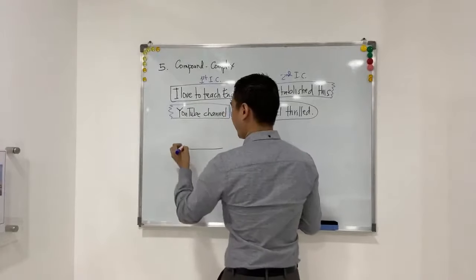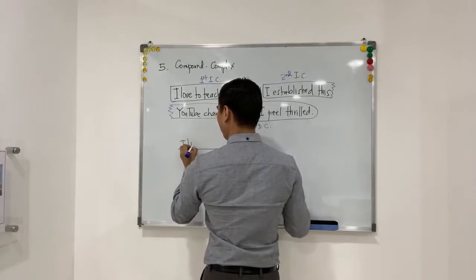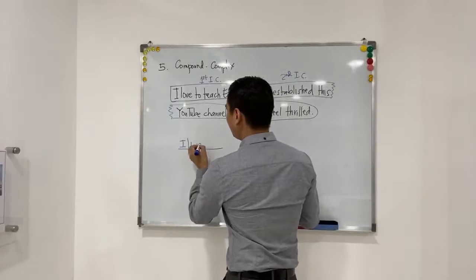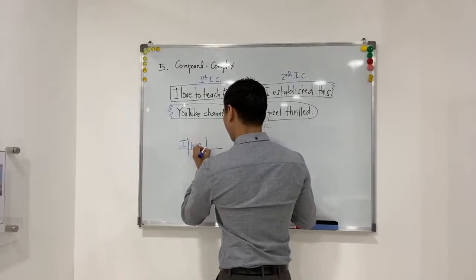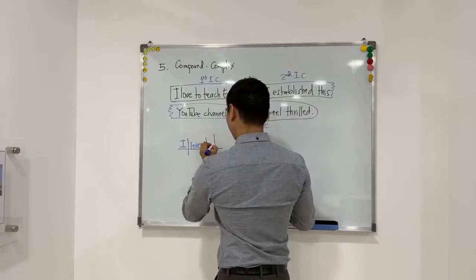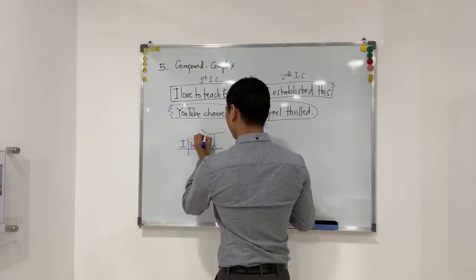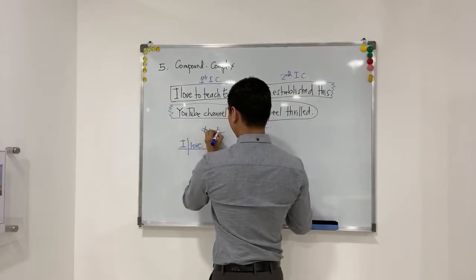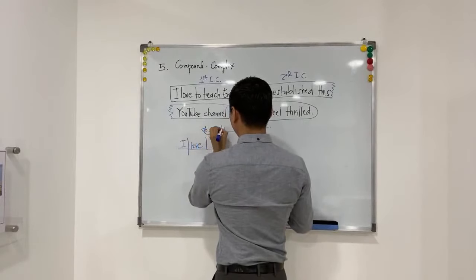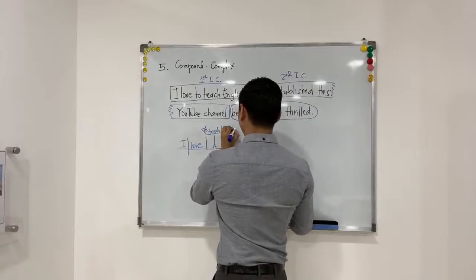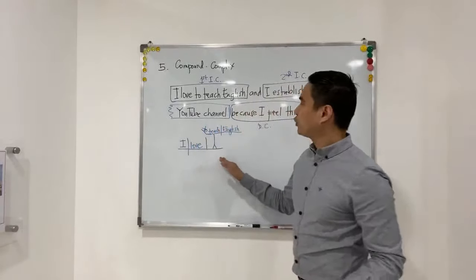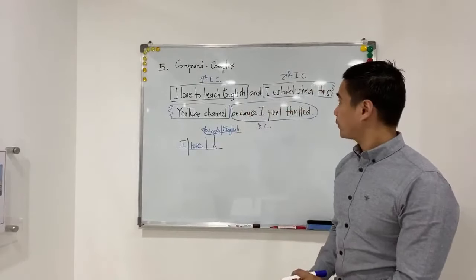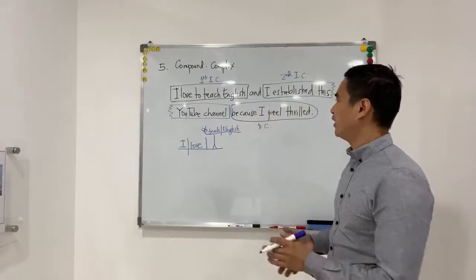I love. What do I love? I love to teach. I love to teach English. So we are done with the first independent clause. Finish.